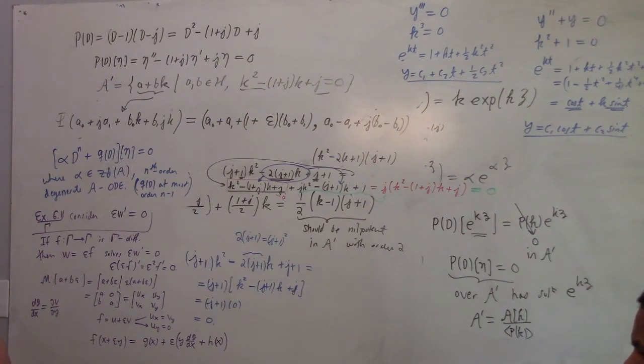What problems does that cause? Well, our general solution is usually C1 times a function for a one-dimensional problem, but here you can't characterize the general solution that way.